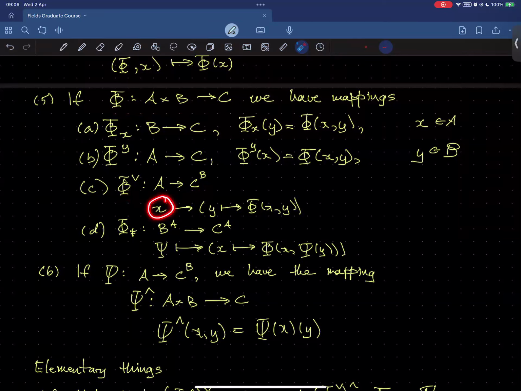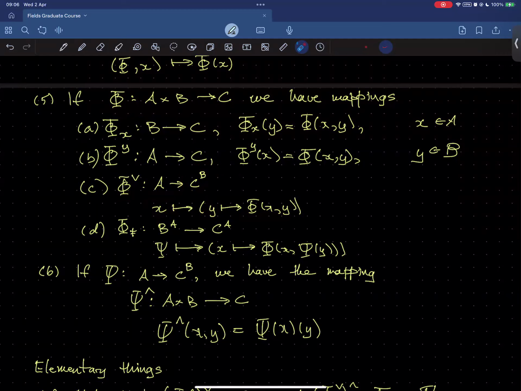So I take a point X in A, and that's going to give me a mapping from B into C. And here's the mapping. That mapping takes Y into that. So it's the only possible way to combine the symbols that you have to get the kind of object that you want.